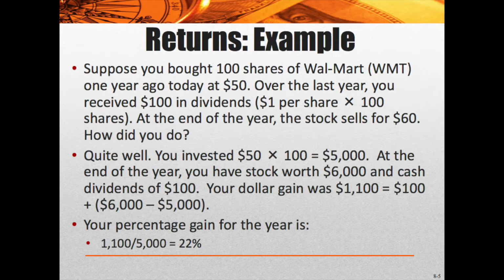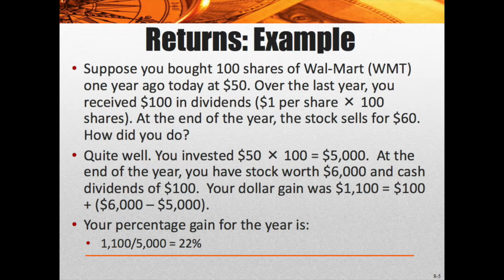So here's an example. Suppose you bought 100 shares of Walmart a year ago at $50. Over the last year, you've received $100 in dividends. That's $1 per share times 100 shares. At the end of the year, the stock sells for $60. How did you do? Well, quite well. You invested 50 times 100 for $5,000. At the end of the year, you sold the stock for $6,000 because it went up to 60 times 100, right?